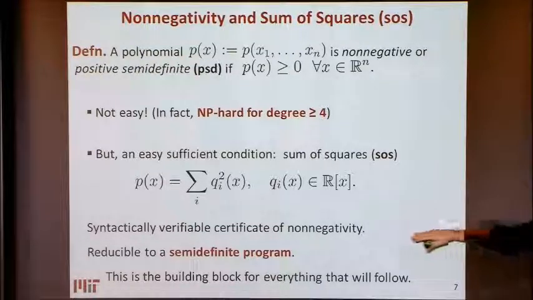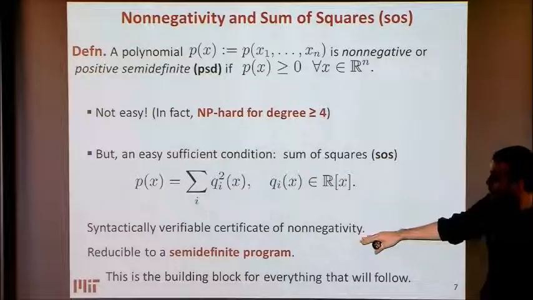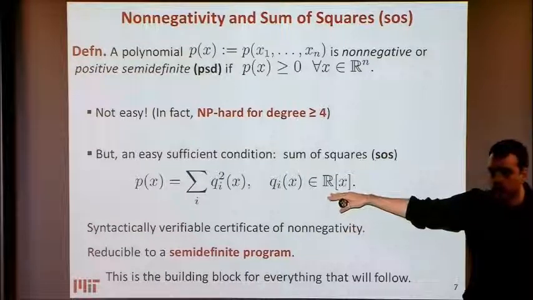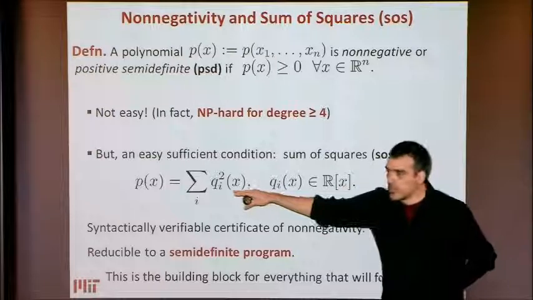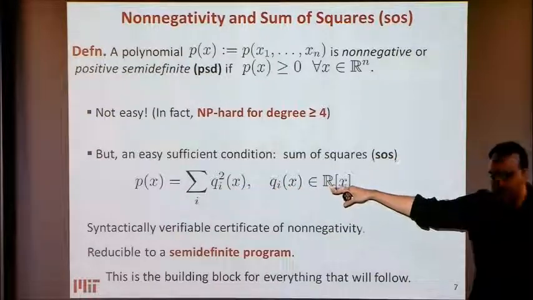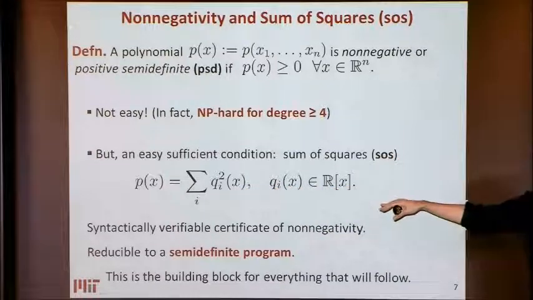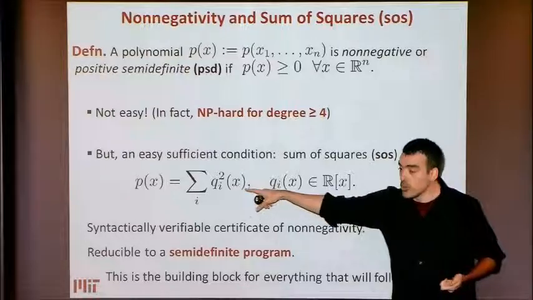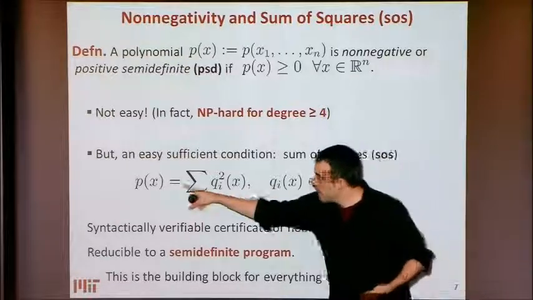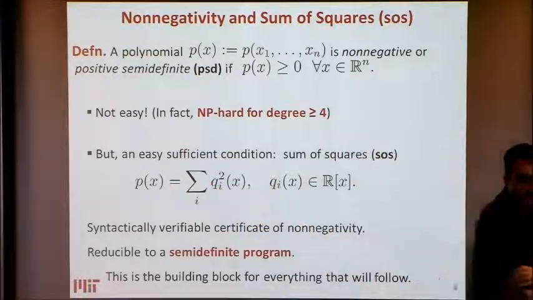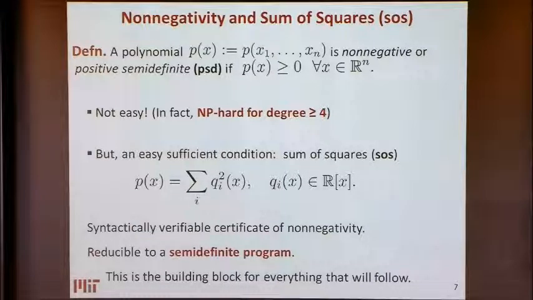And what many people like about this, of course, is that you don't have to trust me when I tell you that my polynomial is non-negative. I actually have a certificate, these q sub i's. If I just verify that these two things are exactly the same, that's certifying that my polynomial is non-negative.